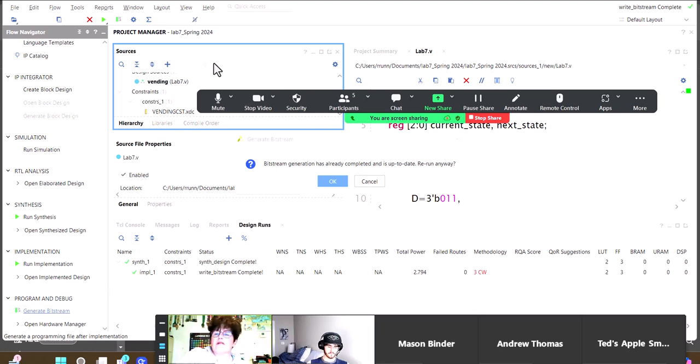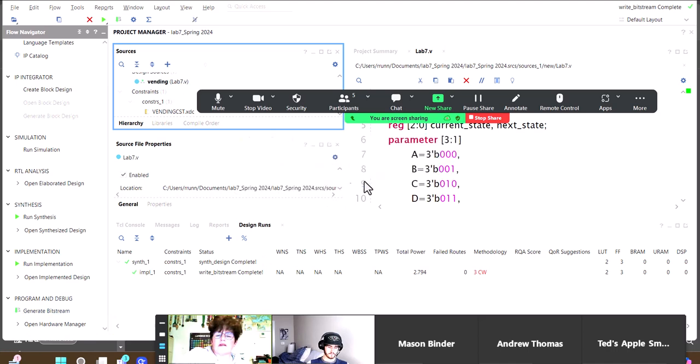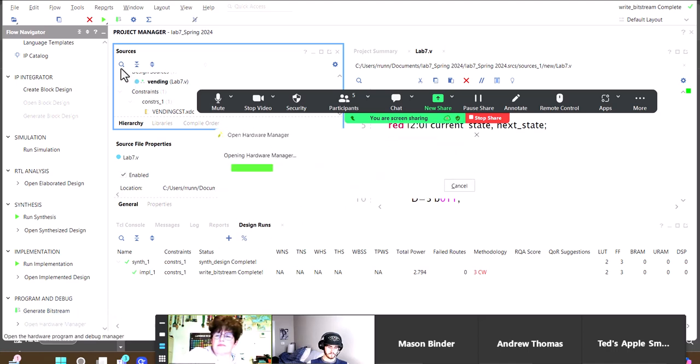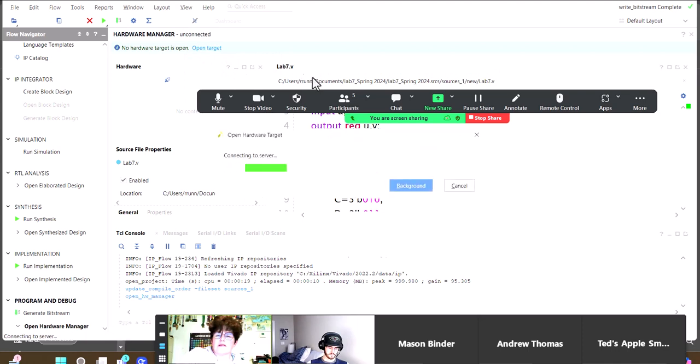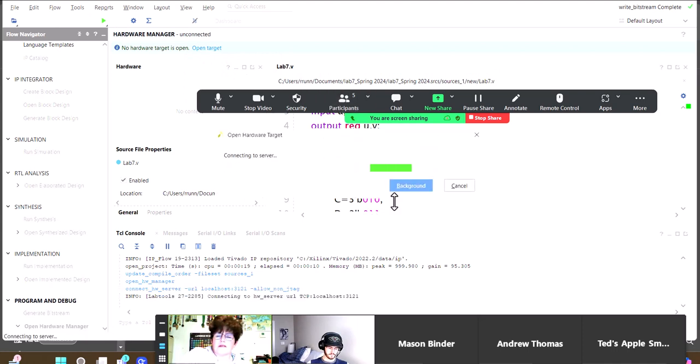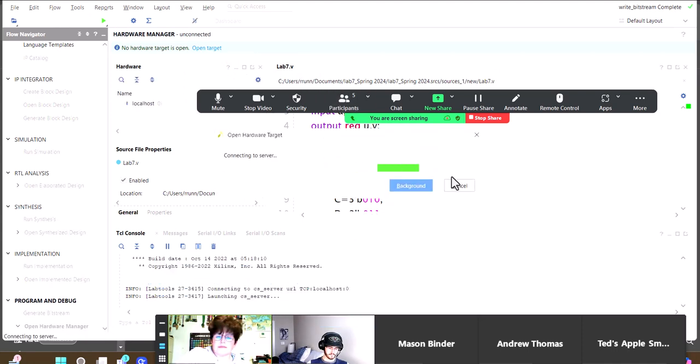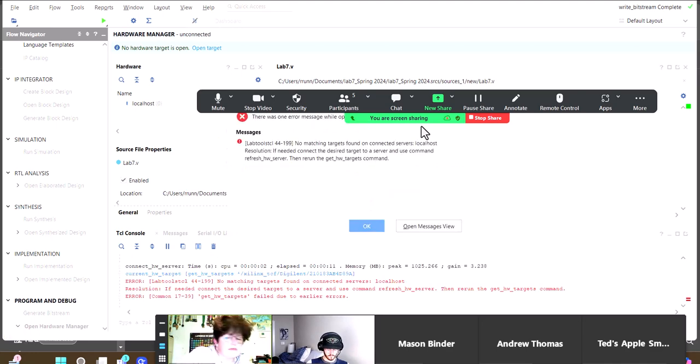So you would generate bitstream, then you wait and see if it has any errors, and open up hardware manager. Oh, I don't have it on.